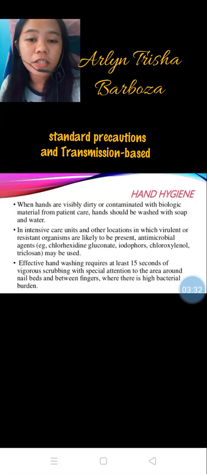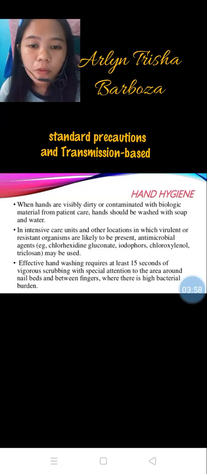When hands are visibly dirty or contaminated with biologic material from patient care, hands should be washed with soap and water. In intensive care units and other locations in which virulent or resistant organisms are likely to be present, antimicrobial agents like chlorhexidine gluconate, iodophors, chloroxylenol, and triclosan may be used.